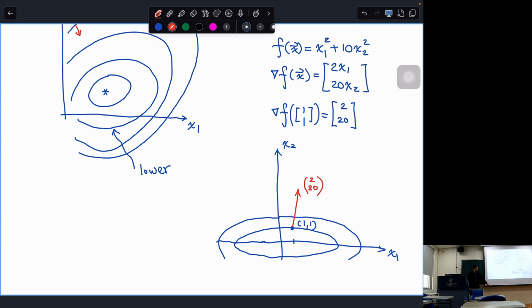If I try a different value, for example 10 and 0, I will have 20 and 0, so it's going right. Anyway, basically they are perpendicular to your contour.